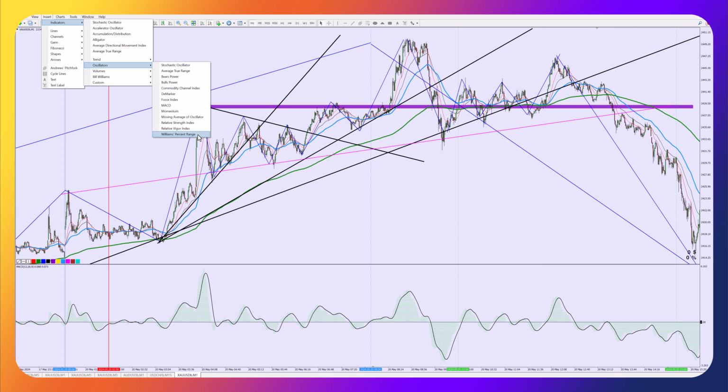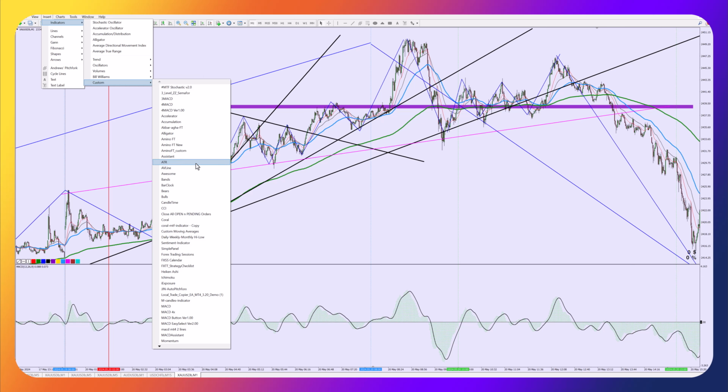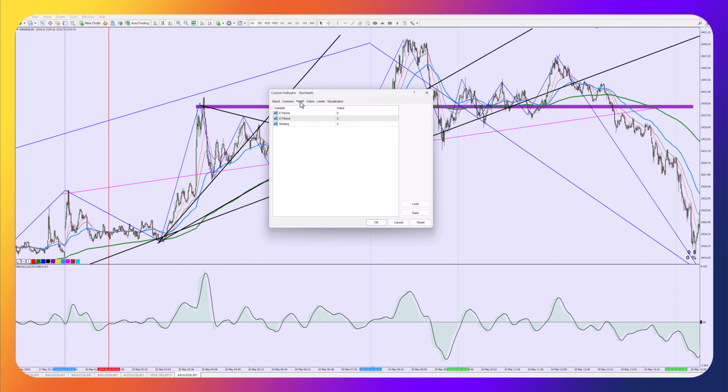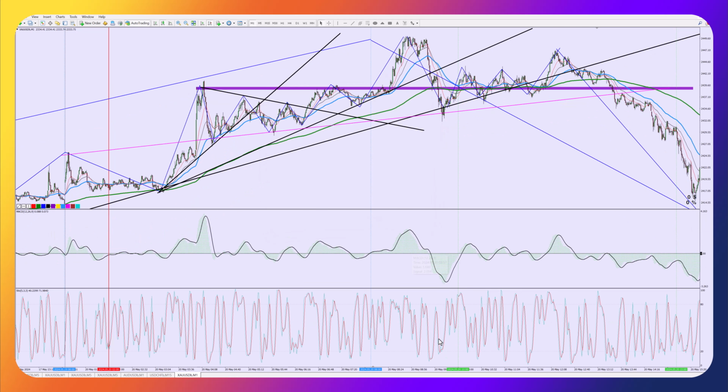Where is the stochastic? It doesn't have a stochastic here. Okay, I use this one. Okay, here's stochastics. Let's say 5, 3, 3. Yes, good. Okay, everything is default. I have a default MACD, default stochastic.